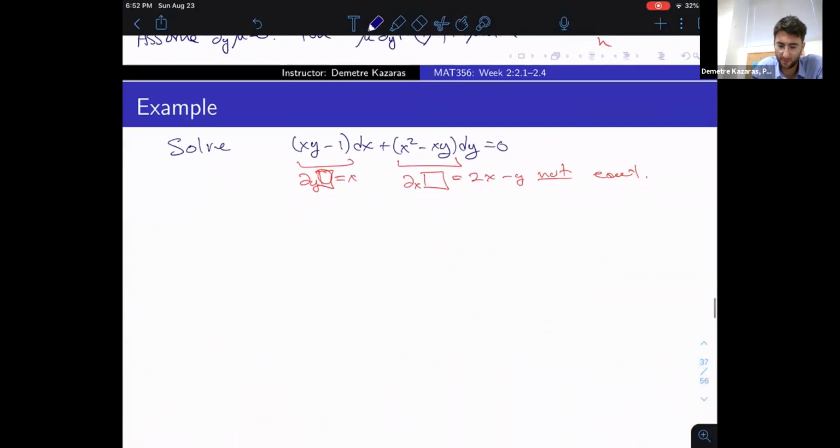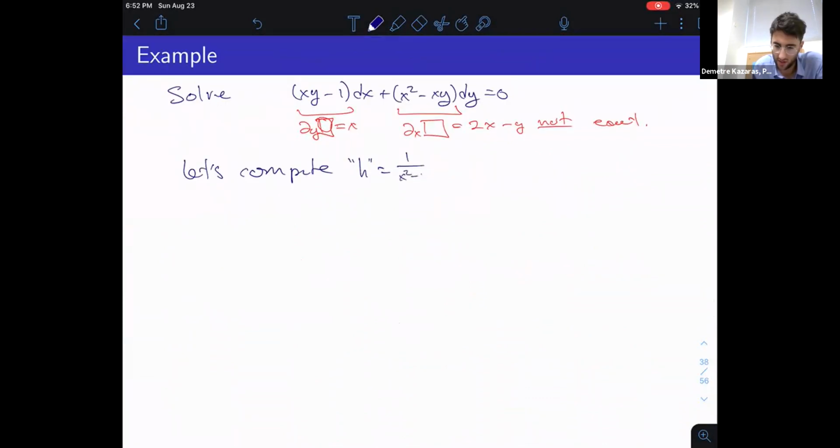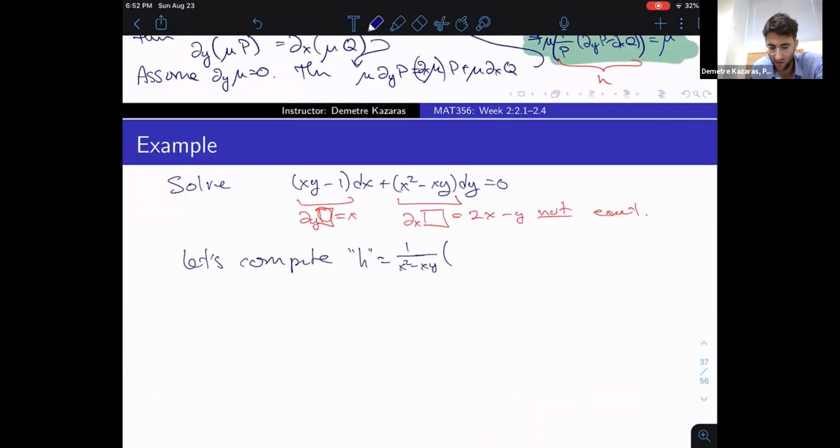So let's compute. Let's compute this h quantity, 1 over x squared minus xy times the y derivative of that, x, minus the x derivative of q, so 2x minus y.